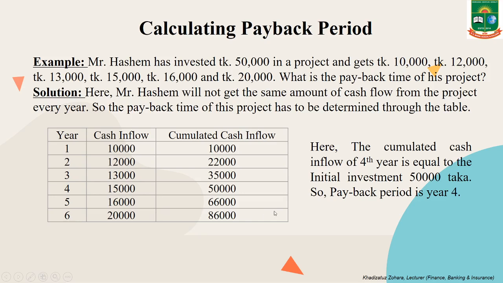After calculating cumulative cash inflow, we are seeing that the cumulative cash inflow of fourth year is equal to the initial investment 50,000, because here cumulative cash inflow of fourth year is 50,000 and our initial investment is 50,000. So payback period is year 4.